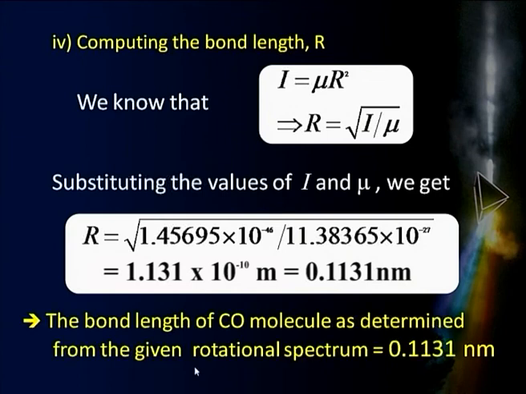So, what we can conclude from here is that the bond length of the carbon monoxide molecule as determined from the given rotational spectrum happens to be 0.1131 nanometers. So, that is the utility of what we discussed so far in this session: the nature of the spectrum, that is the equispaced lines. That thing we are going to make use of to find out the bond length of the given molecule.